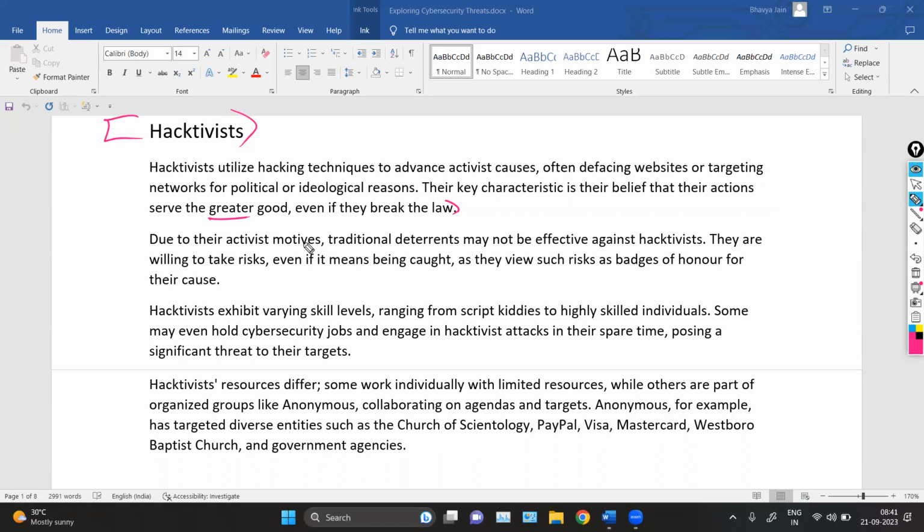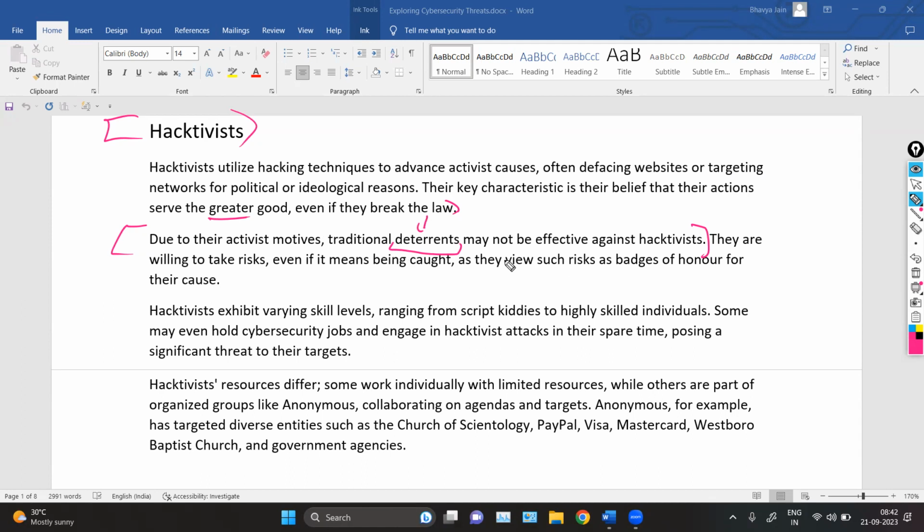Due to their activist motives, traditional deterrents may not be effective against activists. So what are deterrents? Yesterday we discussed that deterrents are techniques or methods, or prevention methods, we use to avoid an attacker attacking.